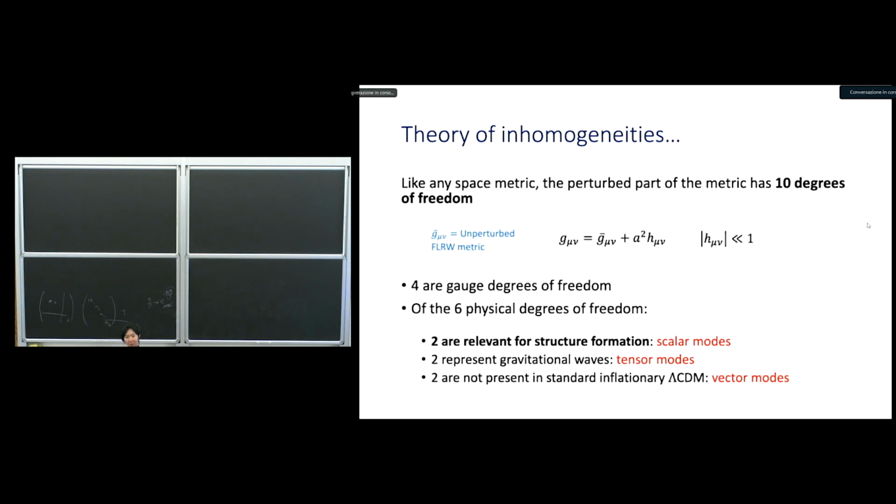The 2 polarizations of a gravitational wave are the 2 tensor modes. There are also 2 vector modes, but in standard inflationary lambda CDM, the vector modes are not present because we don't make them during inflation, and even if you make them, they decay away anyway, unless you have magnetic fields or whatever, which is also not standard lambda CDM, so we ignore those. I will only be saying things about the 2 scalar modes.